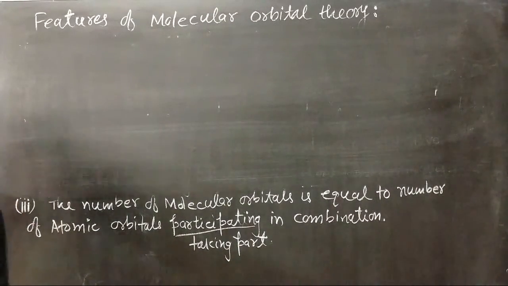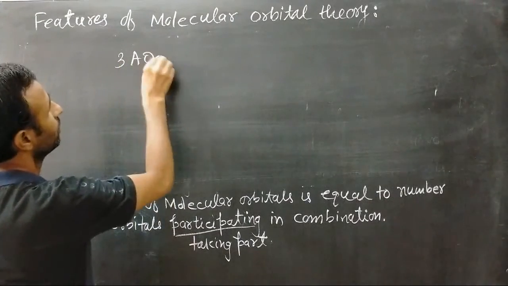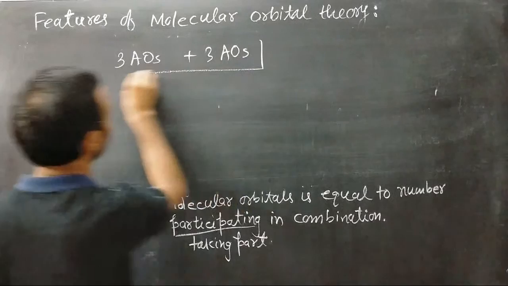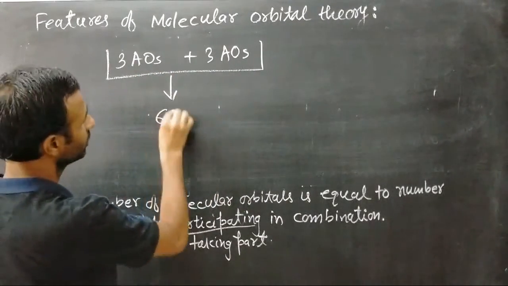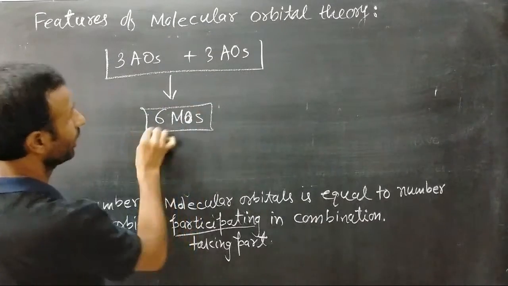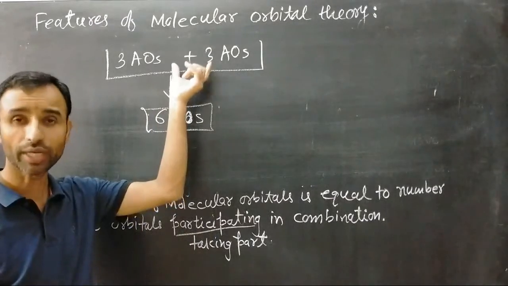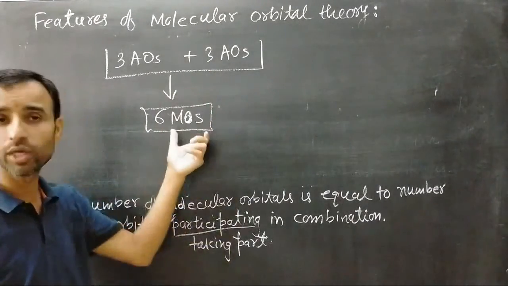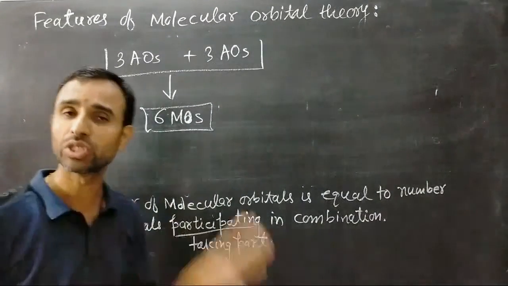Very good, Ravi. If 3 atomic orbitals of one atom and 3 atomic orbitals of the other atom combine, then we get 6 molecular orbitals. Okay, the total number of atomic orbitals taking part in chemical combination is equal to the number of molecular orbitals. They remain same.